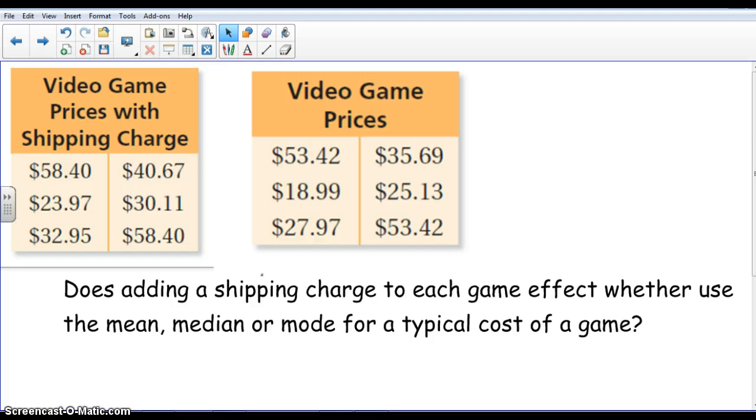So the first chart gives you the cost of the games with the shipping charge, and then the second one gives you the video games without the prices.